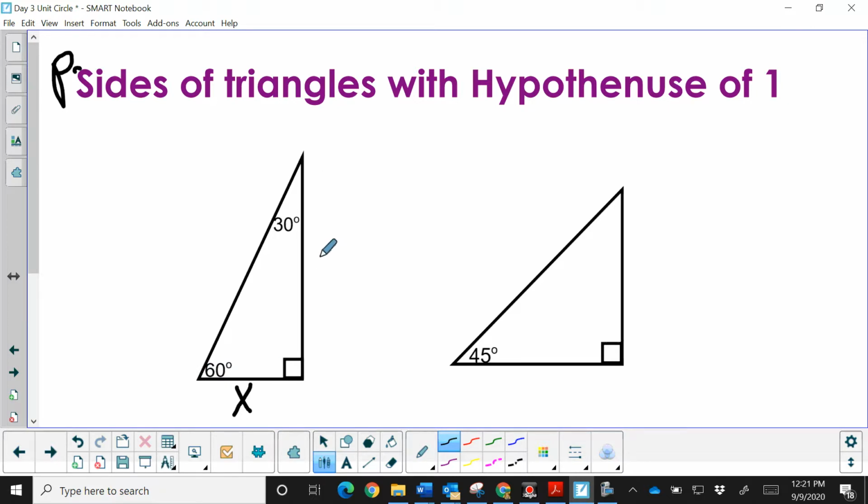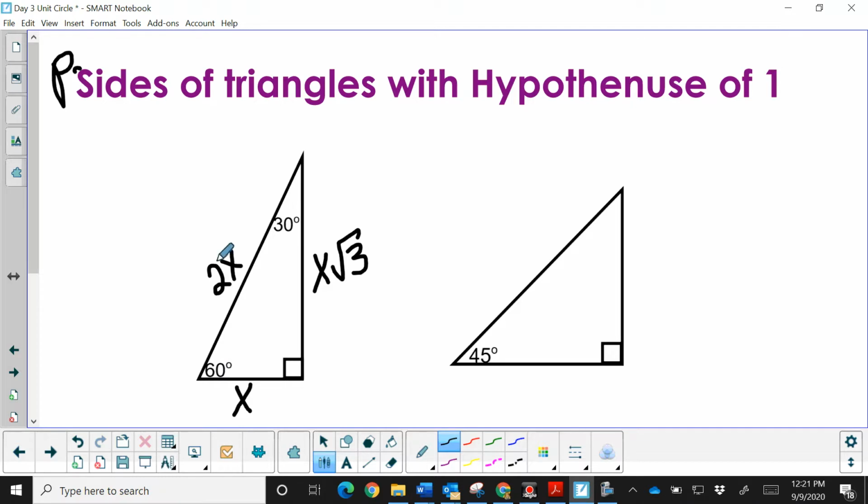The long side takes that short side and multiplies it by the square root of 3. So if your short leg is 5, your long leg is 5 times the square root of 3. Now, to find the hypotenuse, you take the short leg and you double it. So for example, if the short leg is 5, the hypotenuse would be 10.